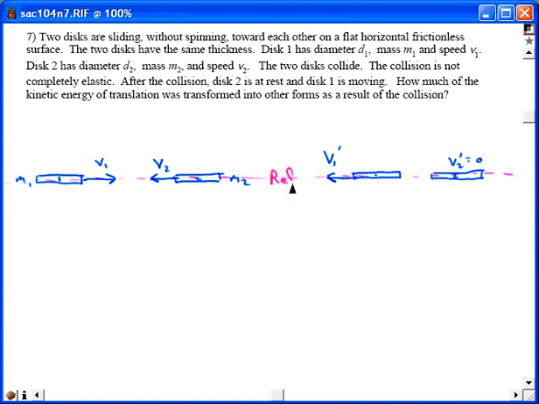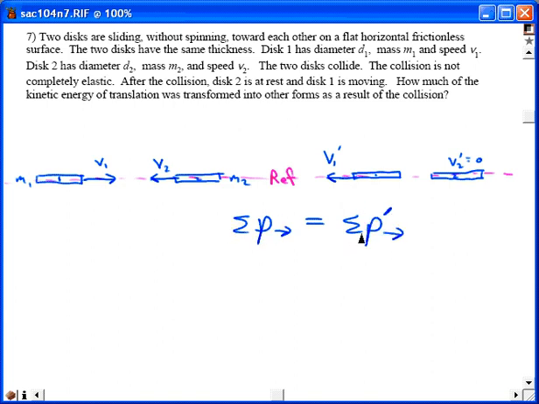Everything's at this reference level, so everything has 0 potential energy before and after. And I can say the momentum is conserved: the sum of the momenta to the right in the before picture is equal to the sum of the momenta to the right in the after picture.